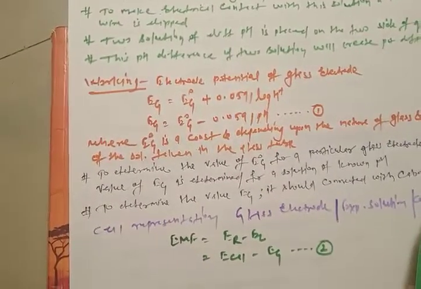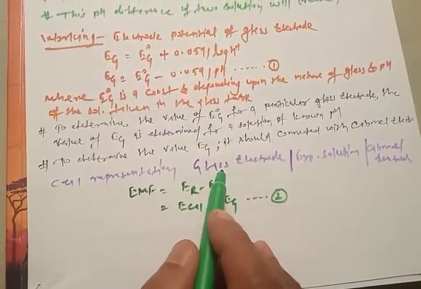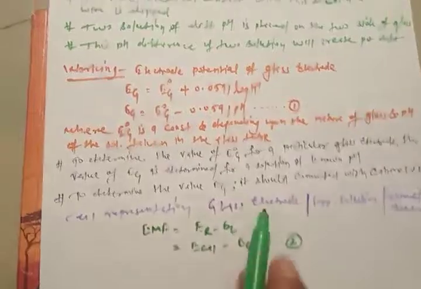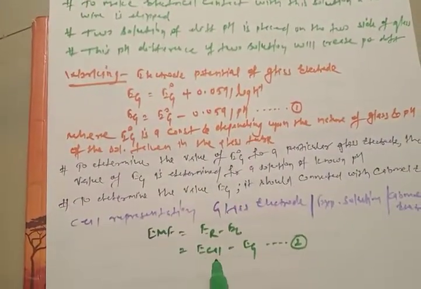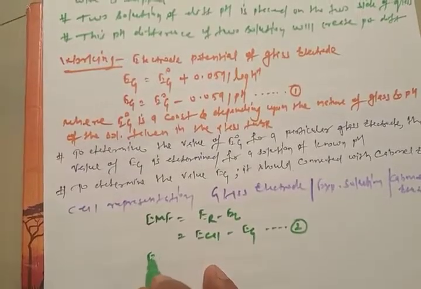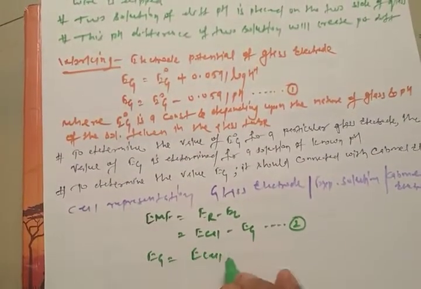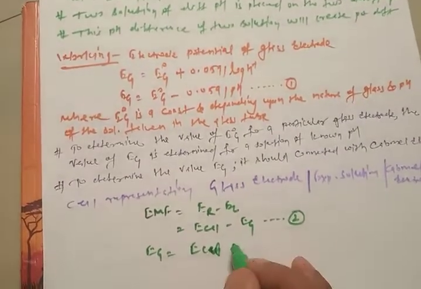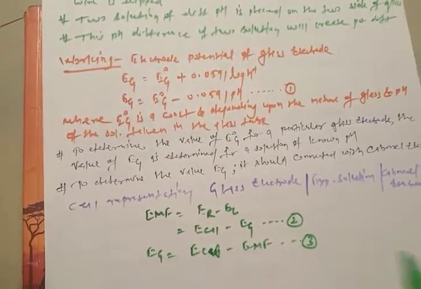E calomel is the right one, and EG is the left hand side. As you can see, this equation is not in the form of EG, so just convert it again into the form of EG. So EG equals E calomel, it is not cell, it is calomel, E calomel minus EMF. This is the third equation.